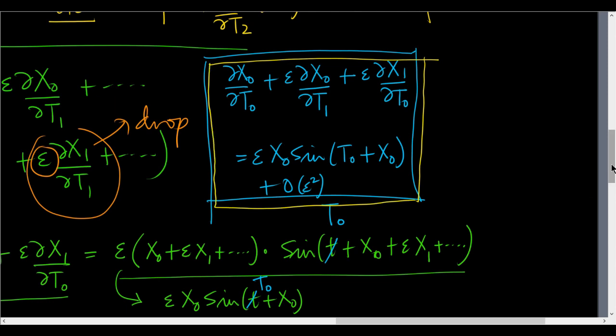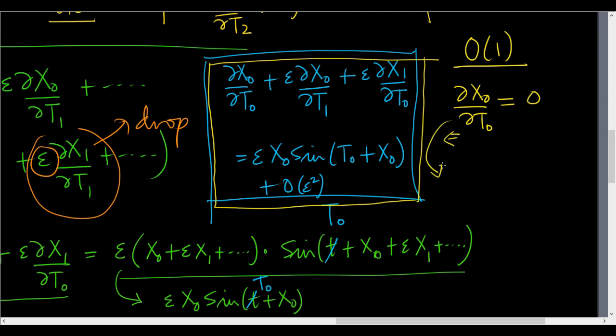Okay. All right. What happens at order 1? Del x0 del t0 is equal to 0. If this was an ordinary differential equation, then x0 would have to be a constant. But now, because this is a partial derivative, something very nice happens. What we conclude is that x0 is some arbitrary function of t1, t2, and so on, which we will write as x0 is equal to a of t1, with some understanding that actually the rest are implied.